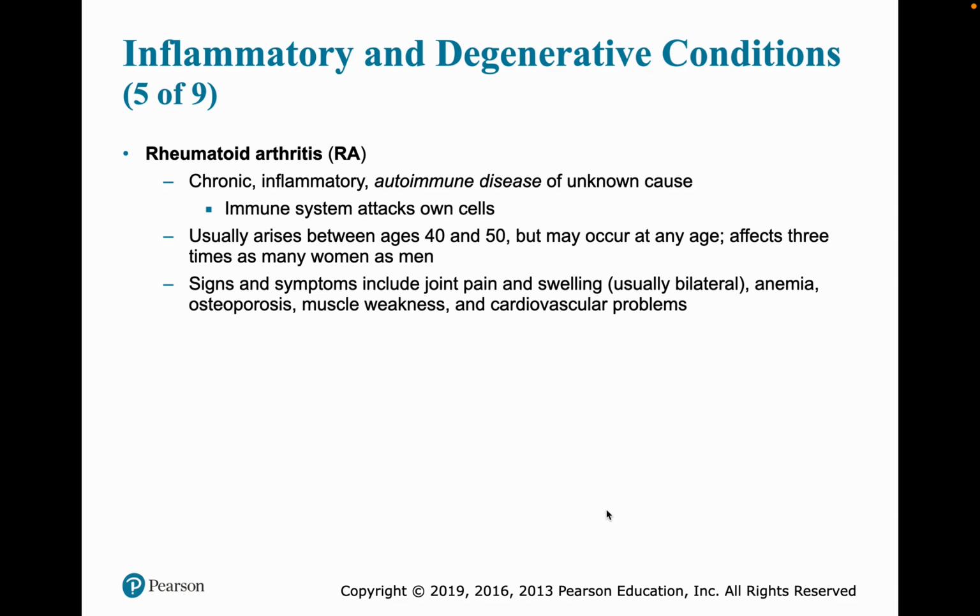In fact, I will tell you that one of my sons has juvenile rheumatoid arthritis, and juvenile rheumatoid arthritis in children is second only to asthma as far as an inflammatory disease of children. Symptoms include joint pain, swelling, usually on both sides, anemia, osteoporosis, muscle weakness, and cardiovascular problems. So we feel it in the joints, but rheumatoid arthritis is a systemic disorder.